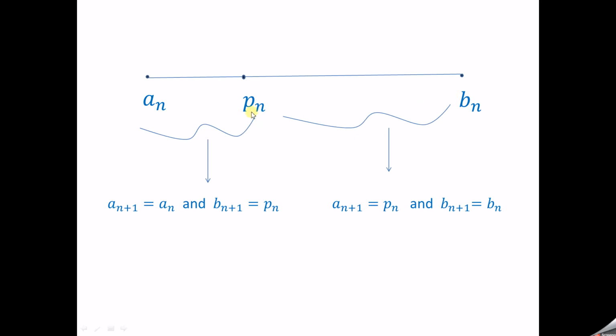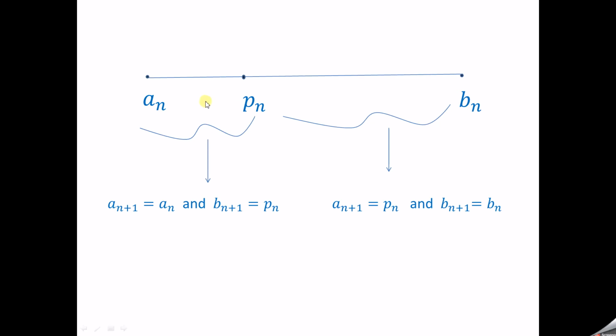To check the condition, we take the function values f(a_n), f(p_n). If the product of function values at a_n and p_n is negative, the root lies in this interval. Therefore, the new lower limit a_{n+1} will be a_n and b_{n+1} will be p_n.